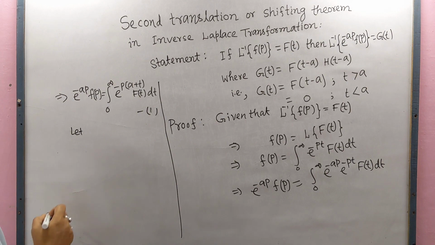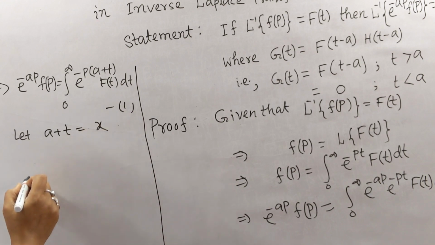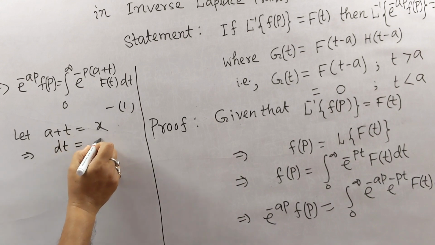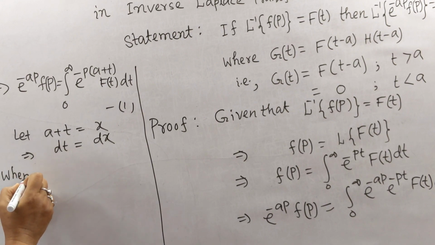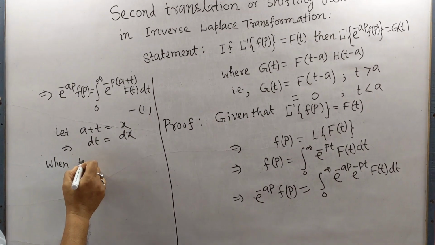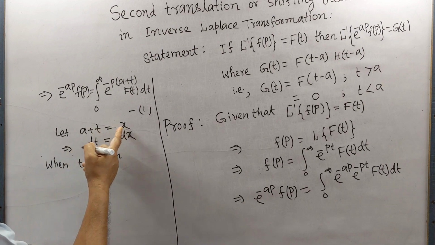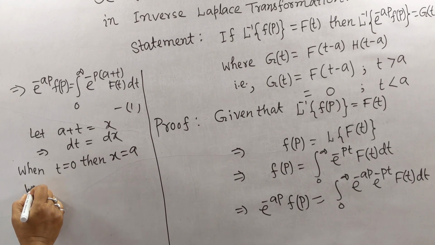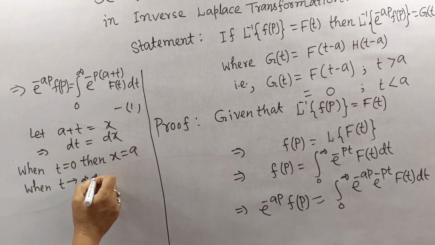Let a plus t equal to x, implies that dt equal to dx. When t equal to 0, then x equal to a, and when t tends to infinity, then x tends to infinity.